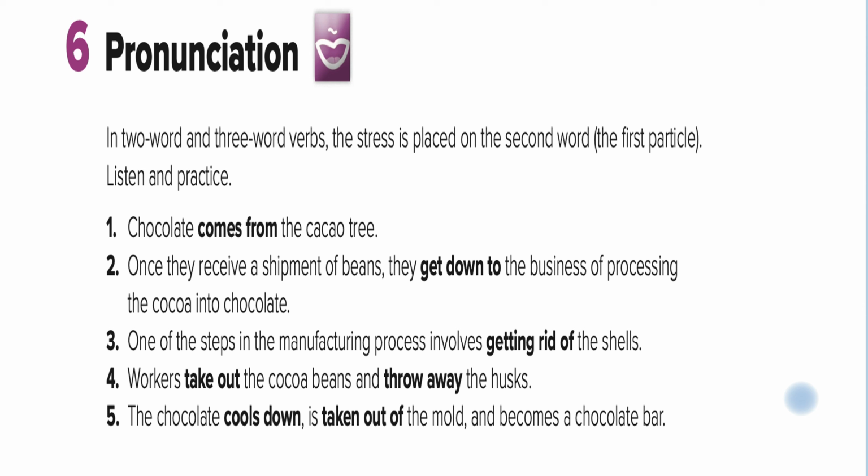One of the steps in the manufacturing process involves getting rid of the shells. 4. Workers take out the cocoa beans and throw away the husks. 5. The chocolate cools down, is taken out of the mold, and becomes a chocolate bar.